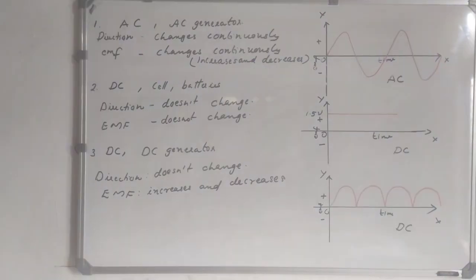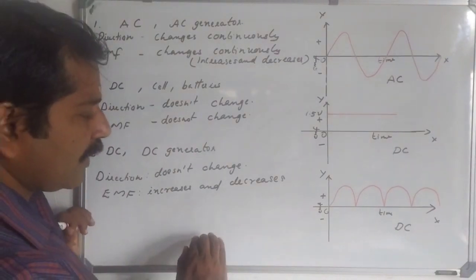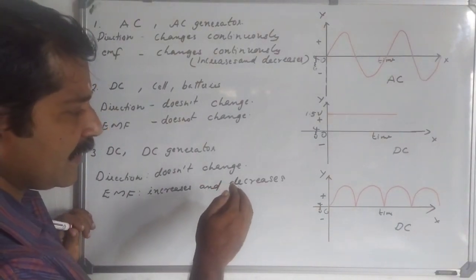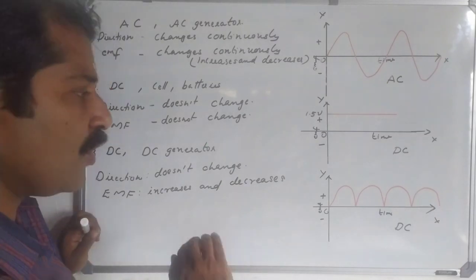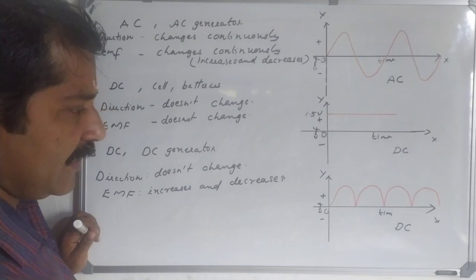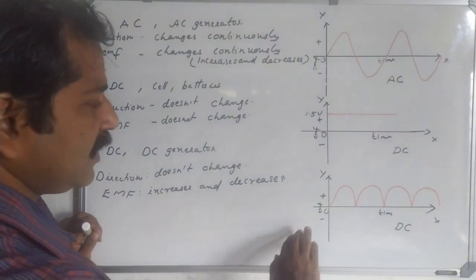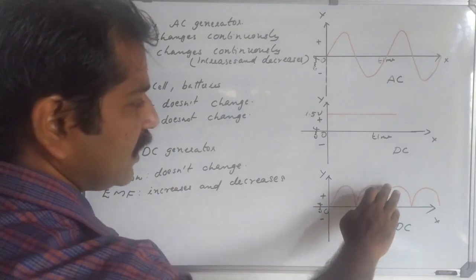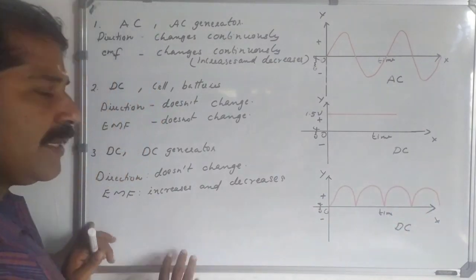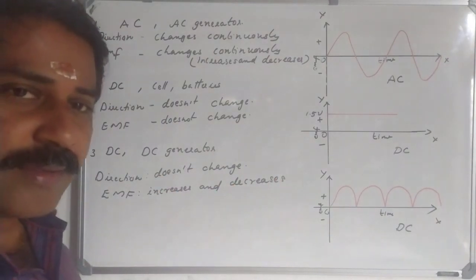So when the number of flux lines broken increases and decreases, the induced EMF also increases and decreases. And because of that, the DC obtained in a generator will get a shape like this. It happens continuously. Okay, clear?